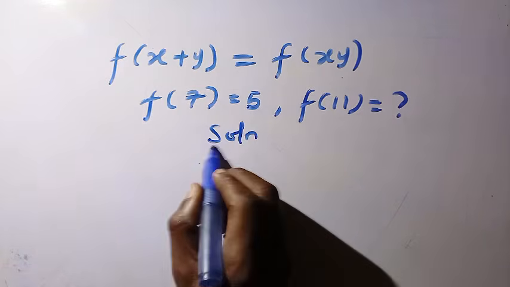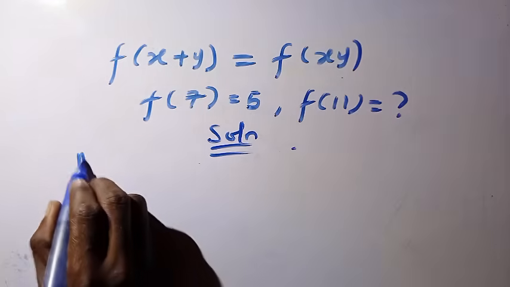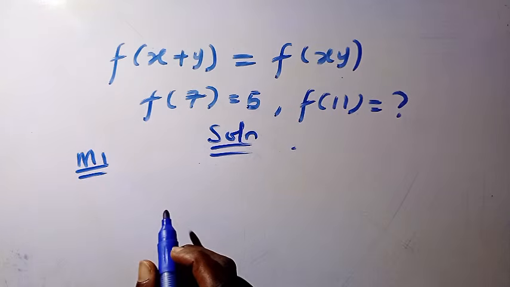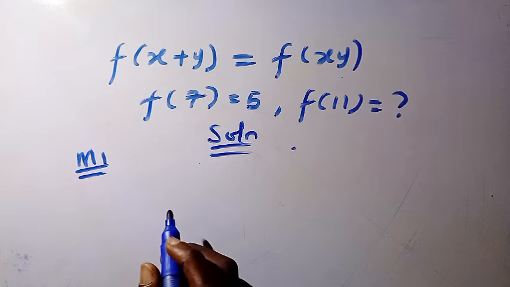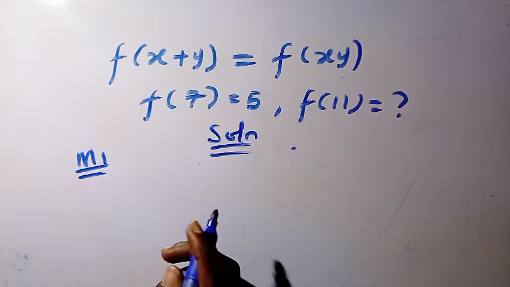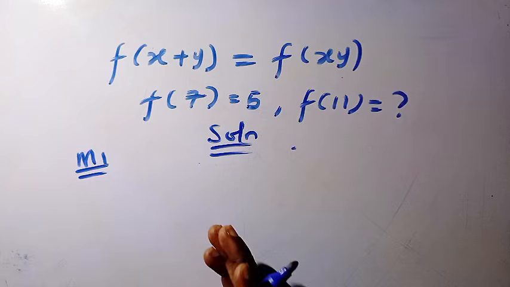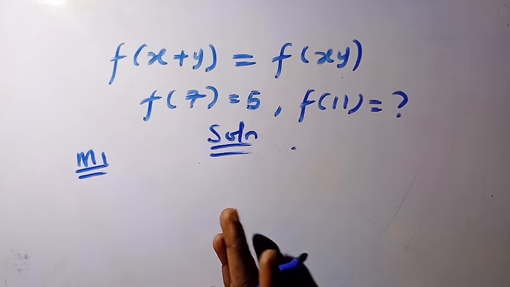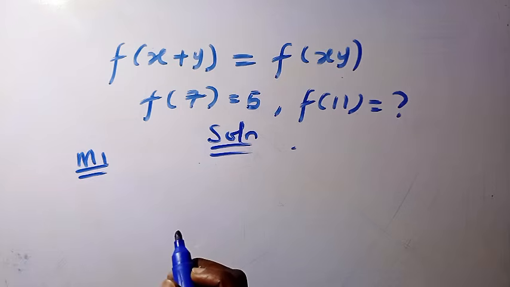Let's consider the solution. So, this is method 1. Looking at this, there is a way we can apply a simultaneous equation to solve this. Let's say we are trying to find two numbers whose sum is 11 and whose product is 7, then we check for the values of x and y, then we later substitute.